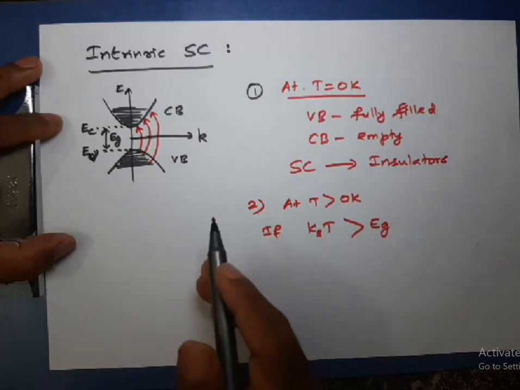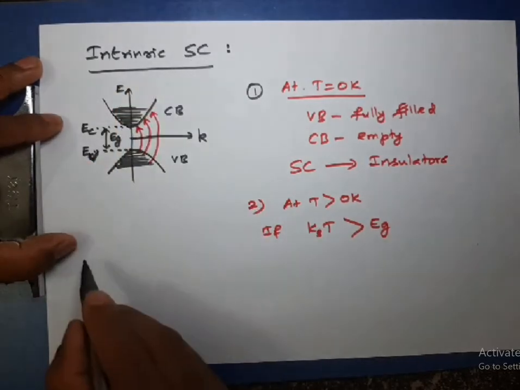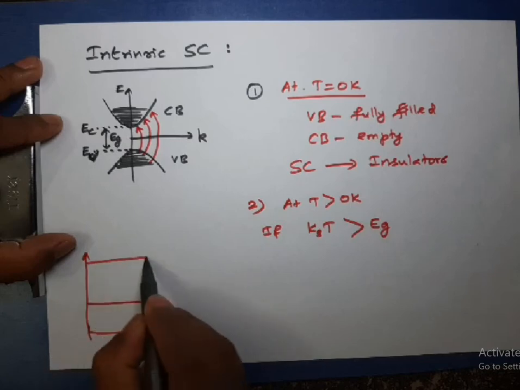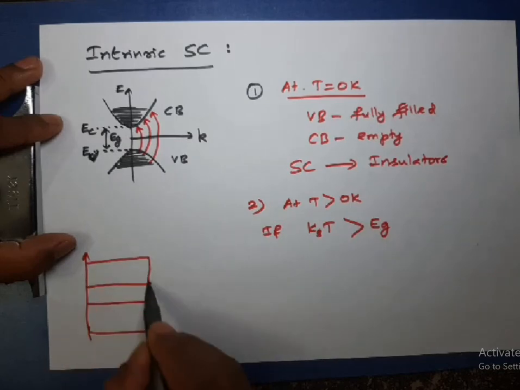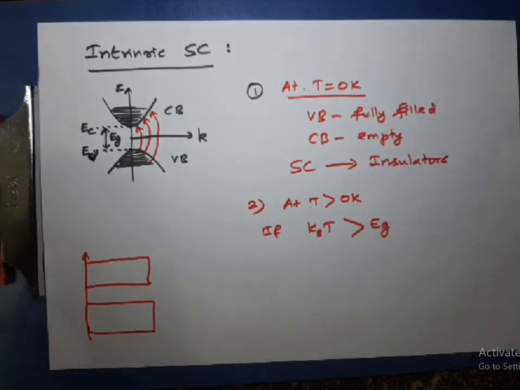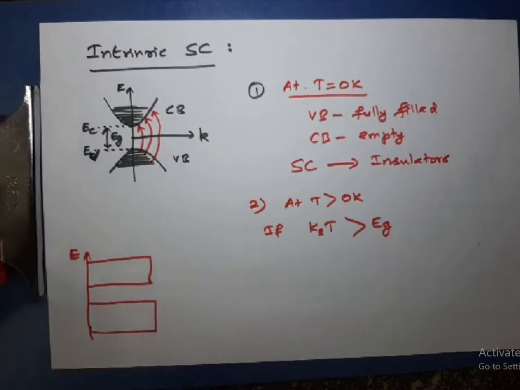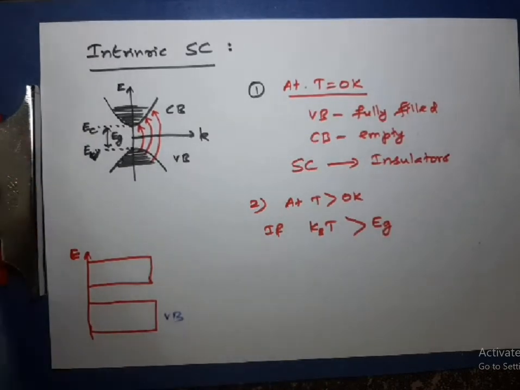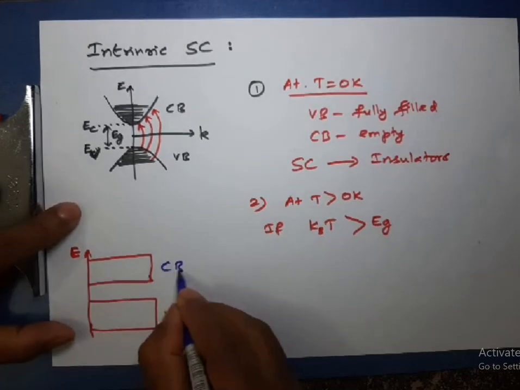So now what will happen? Let me show this in a band shape. Instead of showing this E-K diagram, let me draw it like this, as we draw in lower classes. Energy axis. This is the valence band and this is the conduction band.